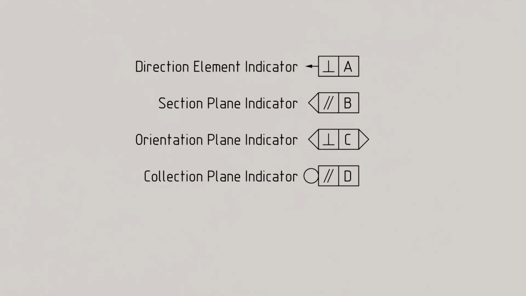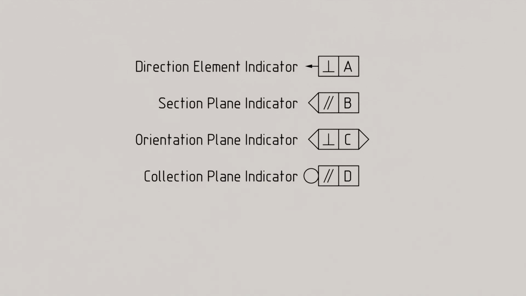For the sake of completeness, we mentioned this indicator here already. The last of the four auxiliary indicators is the collection plane indicator, which we will discuss in more detail later in this video. It is symbolized by a circle that connects the auxiliary indicator with the feature control frame in the drawing.